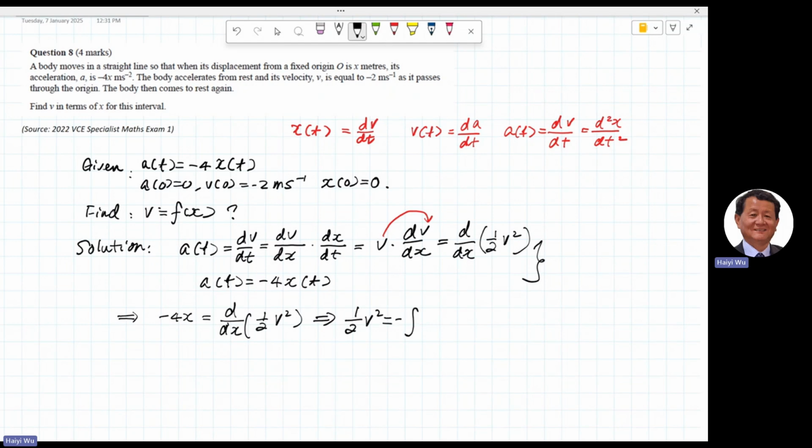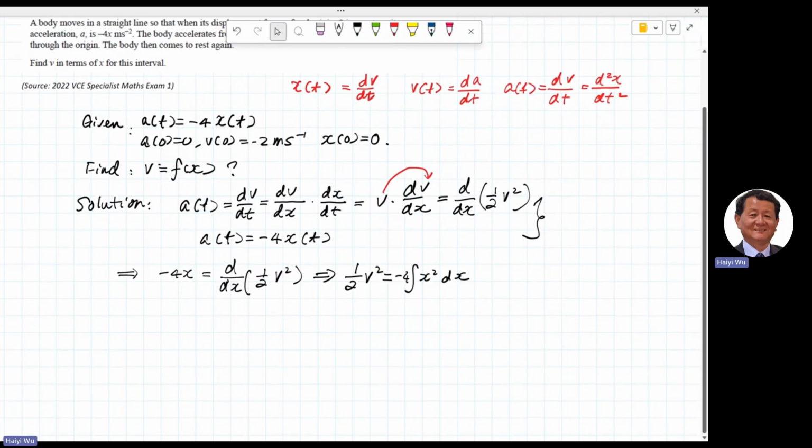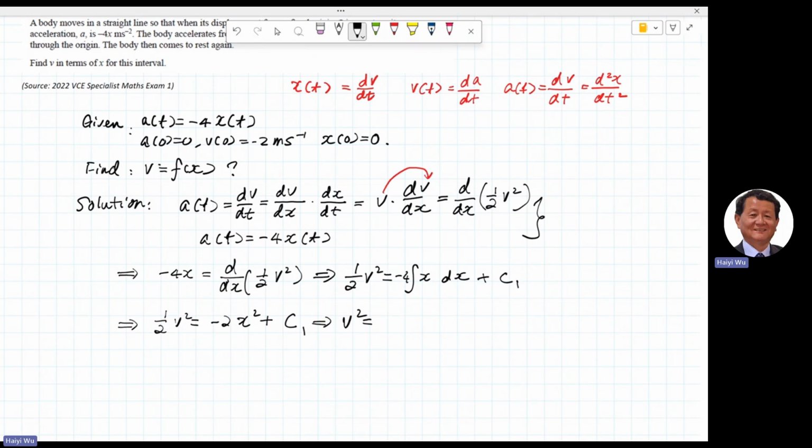This side becomes the integral of negative 4x dx, plus c, obviously. Then half of v squared is equal to, integrating that, sorry, my apology, it doesn't have a square there, so it'll be negative 2x squared plus c. I'm going to multiply through, so we put a c1, and it'll be v squared equals negative 4x squared plus c.